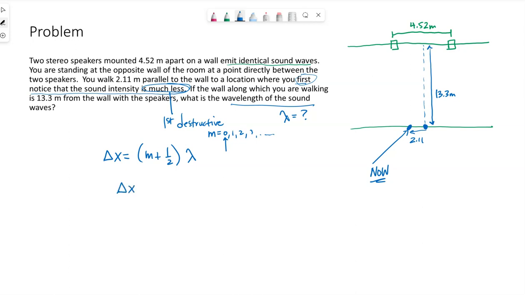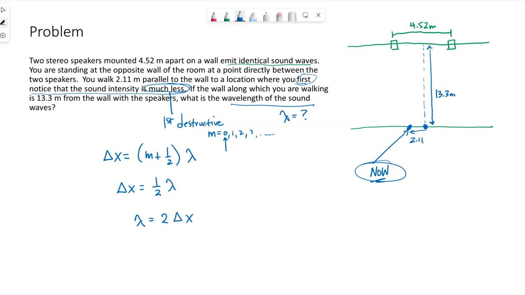So we can actually take this one step farther and say that delta x, now that we've moved to this new location, is half of the wavelength. So the wavelength is what we're solving for. That's going to be twice delta x, 2 times delta x.